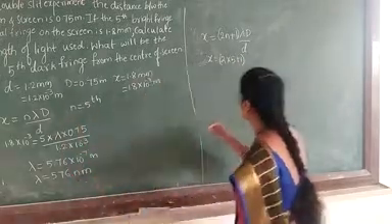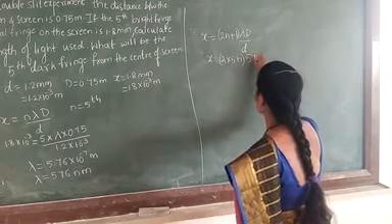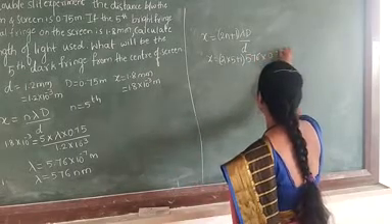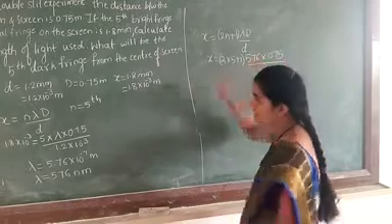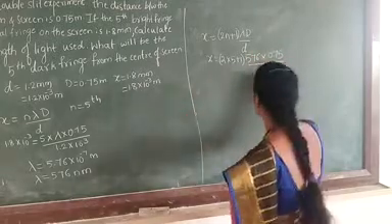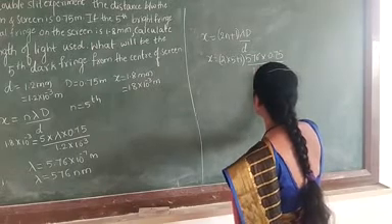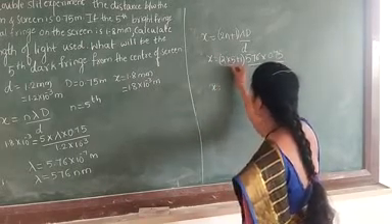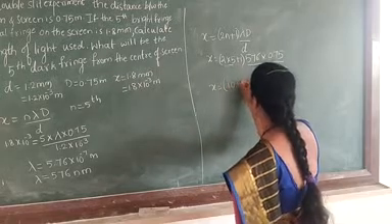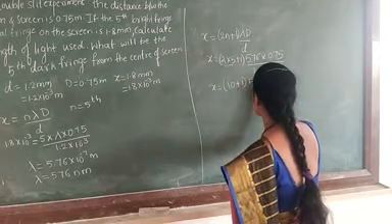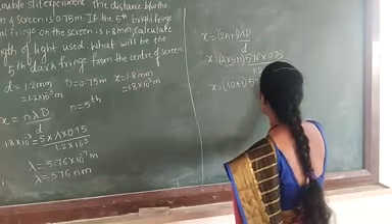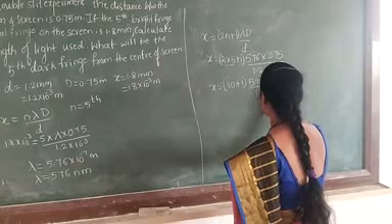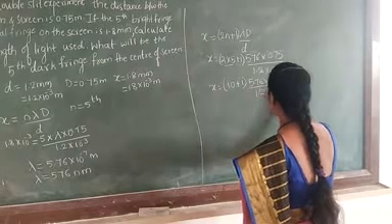Here we have 576 nanometer into capital D 0.75 divided by small d. The value of small d is 1.2 into 10 raised to minus 3. Therefore, x is equal to (2 into 5, 10, plus 1) into 576 into 0.75 divided by 1.2 into 10 raised to minus 3.